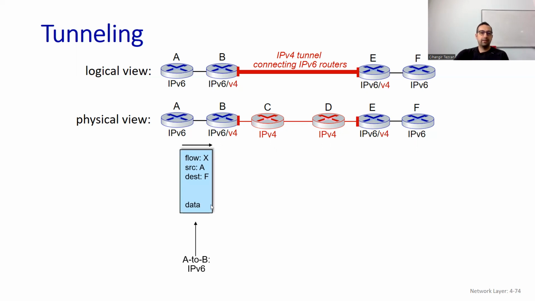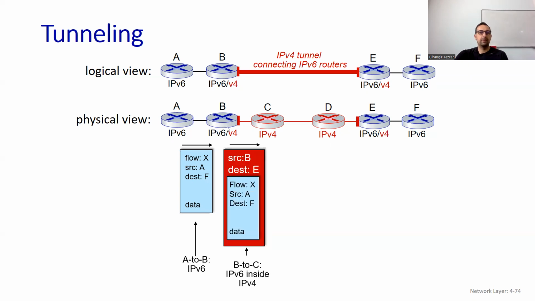So here, what happens is as follows. As you can see, now A wants to send data to B. Actually, our destination is F, right? But from this point on, we will use IP version 6. So it looks like we are sending data to B. Because at the router B, they take this IP version 6 datagram, put it inside as a payload of IP version 4.